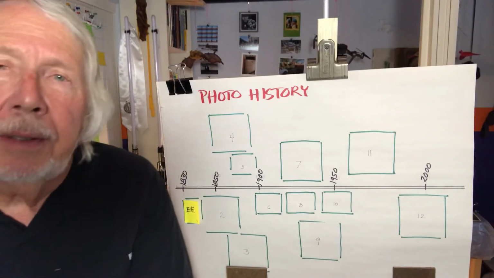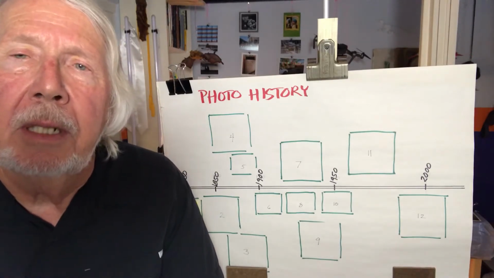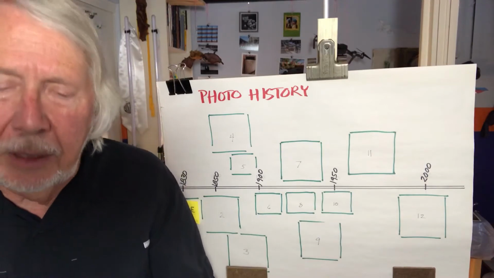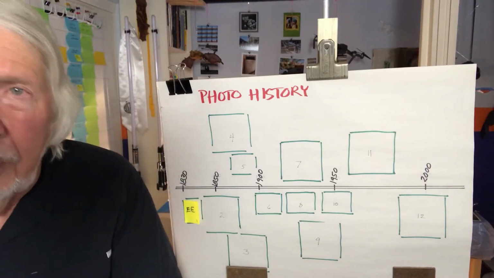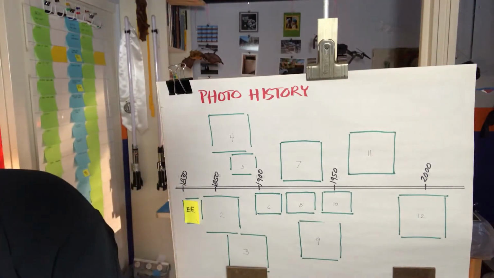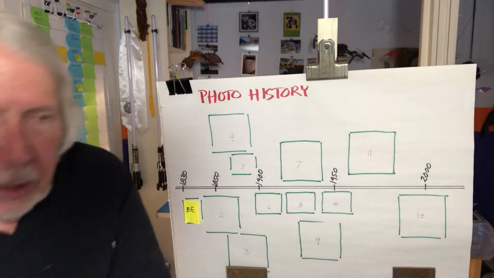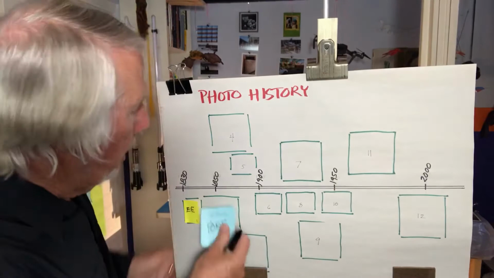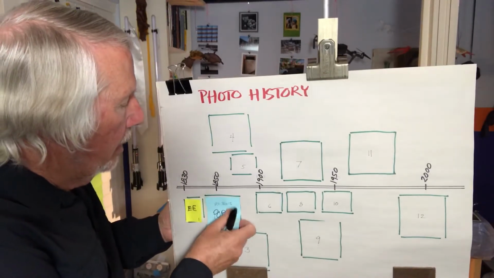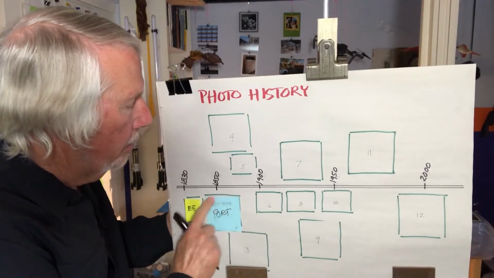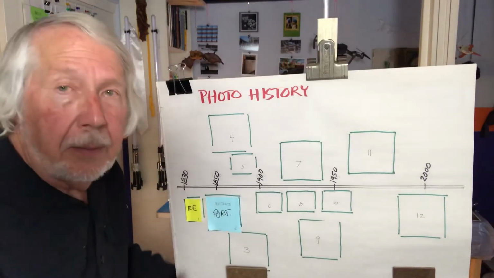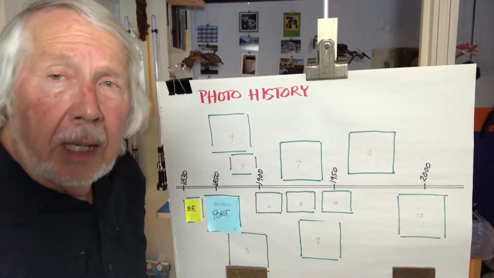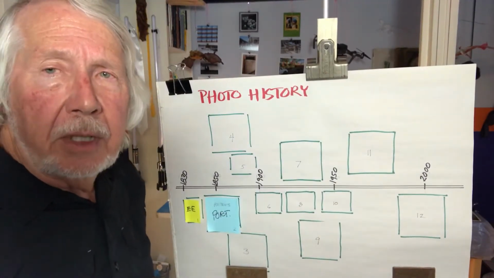Now, the first thing that happened beyond early experiments was portraits for the masses. I'm just going to abbreviate that with PORT, and that's going to be on the timeline right about here. Portraits has never stopped.